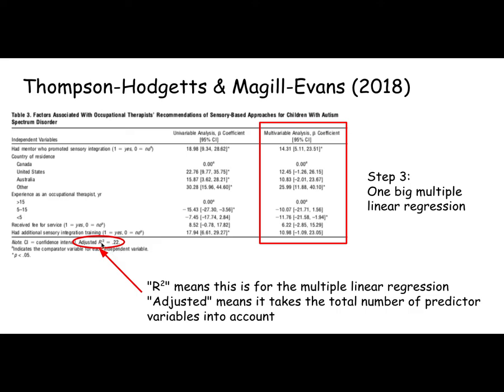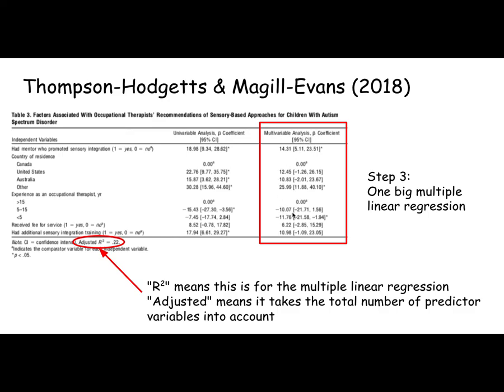And this r squared, you can see they use the adjusted r squared. That's accounting for how many of these predictor variables they have. But interestingly, they don't say that they used standardized beta coefficients.